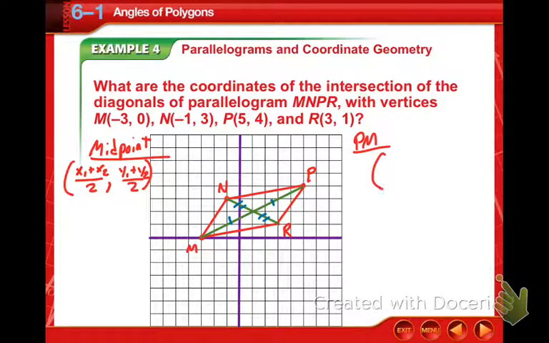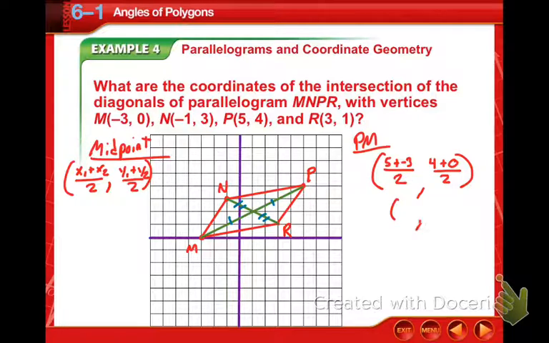Now, all we need to do is our midpoint for line PM. We know that point P is at 5, 4, so our x is 5 and the y is 4. And we're going to add in our values for M. The x value for M is -3, and the y value for M is 0.